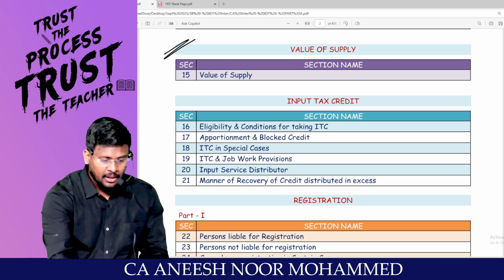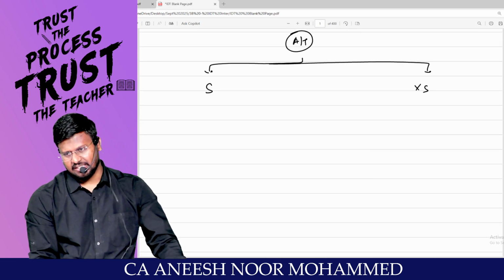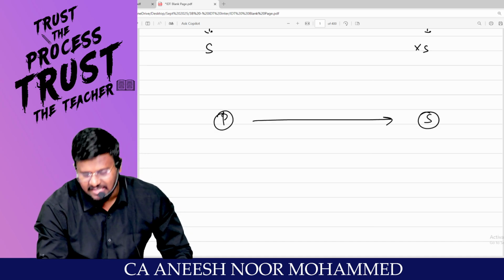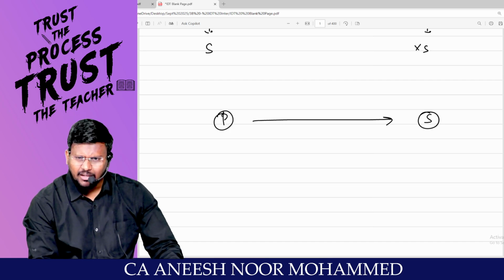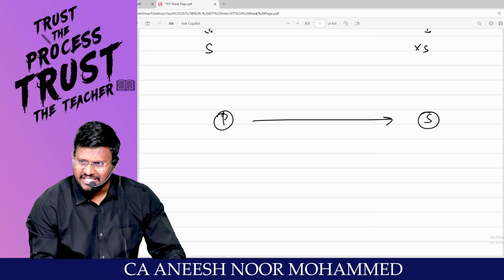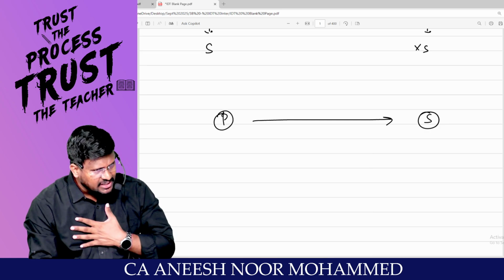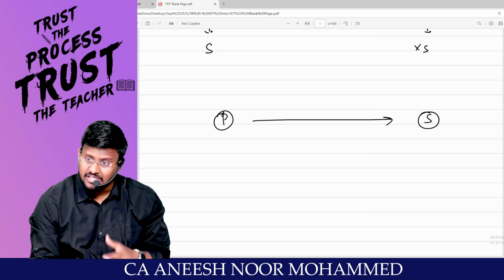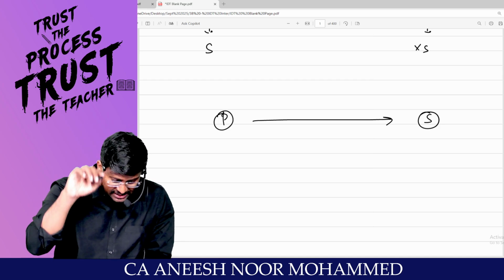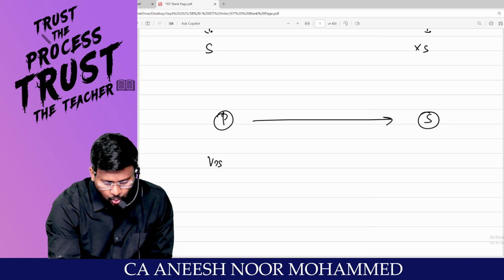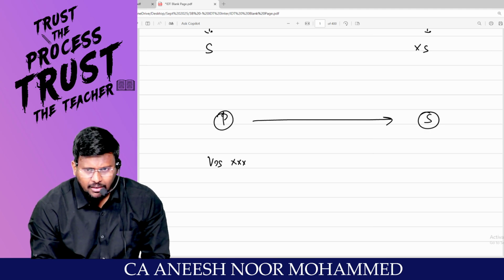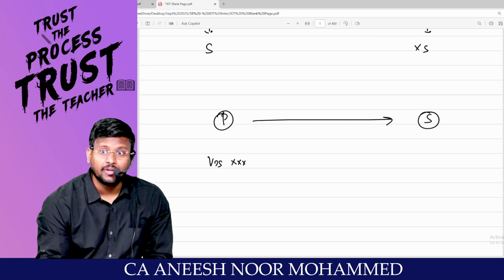Sir, I am going to do business. What is business, sir? Business means purchasing and selling. If I am purchasing, some other person is selling. The person who is selling to me will collect the value of supply as per section 15.